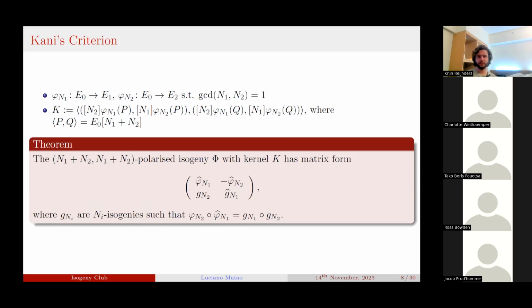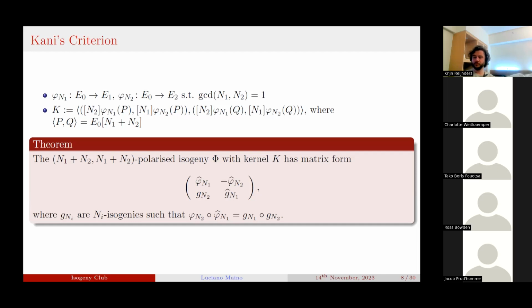Another remark is that the computation of this isogeny is part of the inversion for our trapdoor mechanism, which means that we would like the computation of this isogeny to be as efficient as possible, as fast as possible. To do so, in complete analogy with the one-dimensional isogeny, you want the degree of your isogeny to be smooth enough.